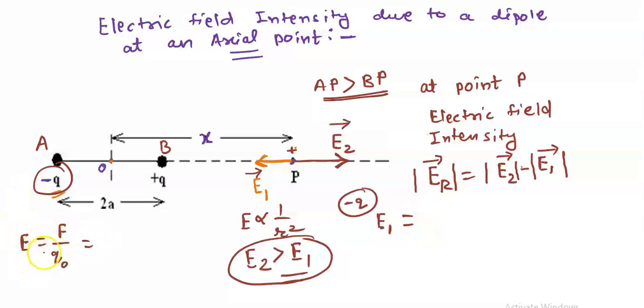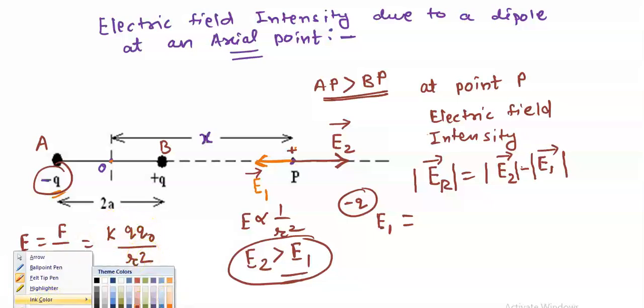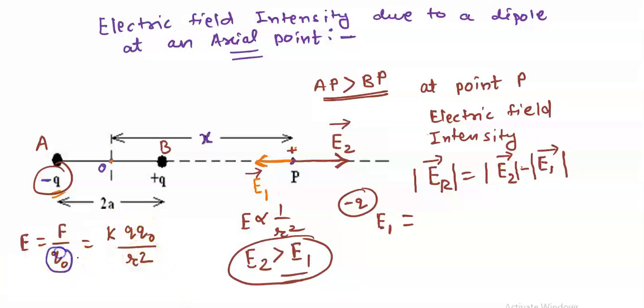The force is K Q1 Q2 upon R square, where K is 1 upon 4 pi epsilon naught and R is the distance. Also, you divide it by Q naught, the test charge. When you divide by Q naught, it cancels and you get the electric field intensity as KQ upon R square. So this is the formula for the electric field intensity at a point due to a charge.